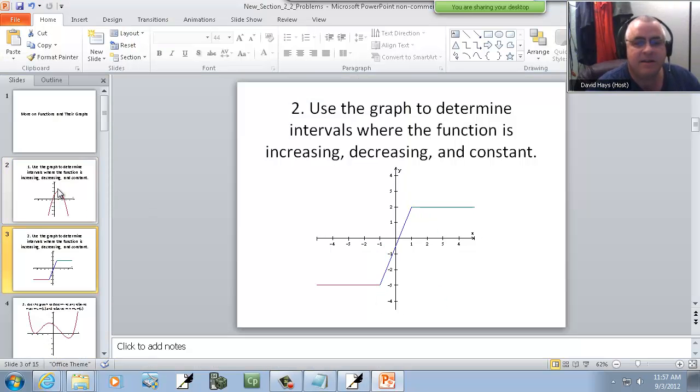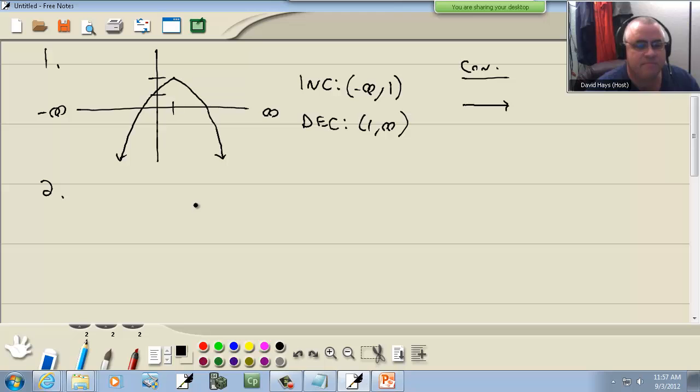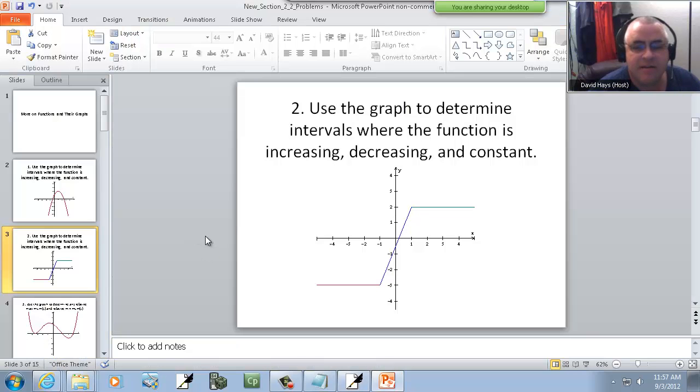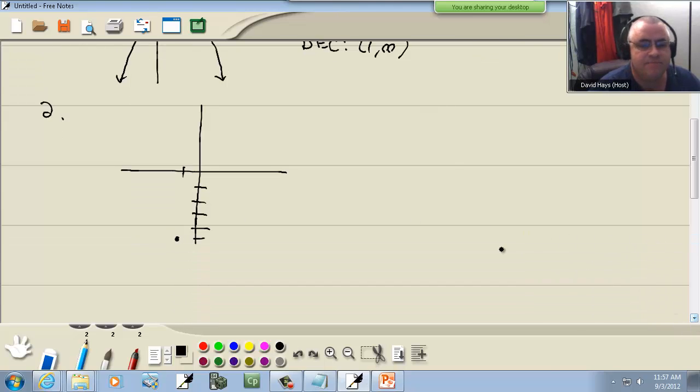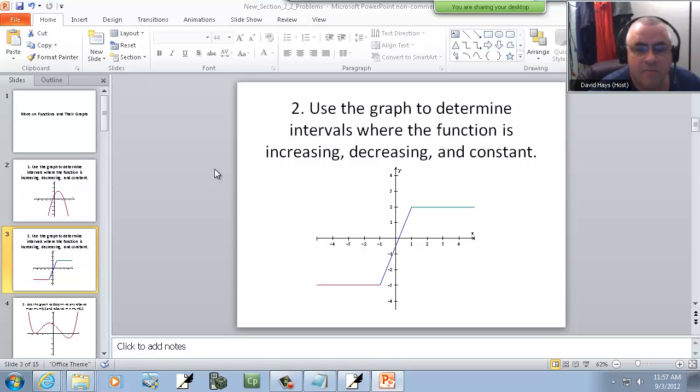Let's look at our second example here. Let me kind of sketch this down. 1, 2, 3, 4, 5. One, two.